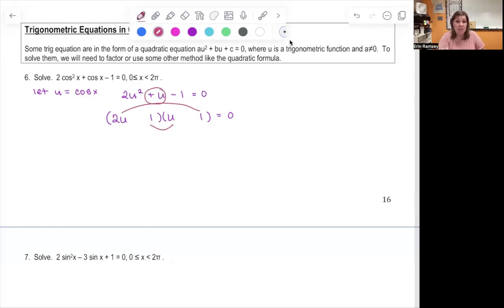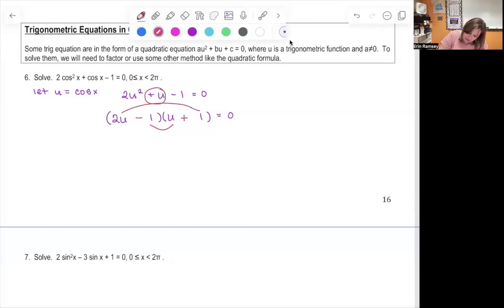And since my last term is negative, one of my 1's is going to have to be negative. So I want this one to be positive and this one to be negative. That'll give me positive 2u for my outsides and negative 1u for my insides, which is going to give us exactly what we want. Now, once we have this in factored form, then we set each factor equal to 0.